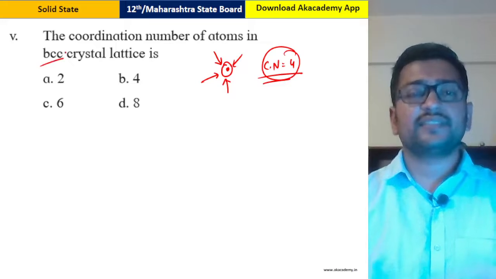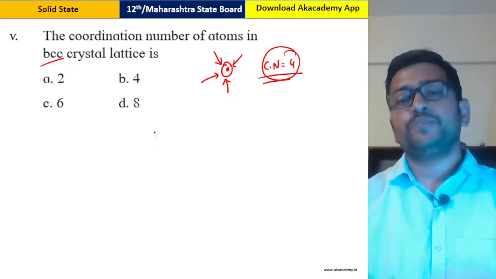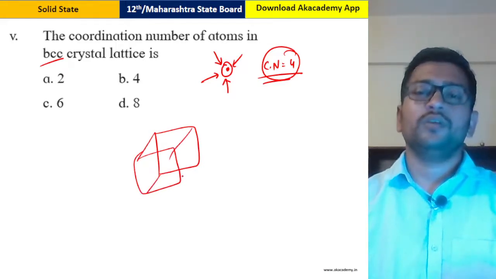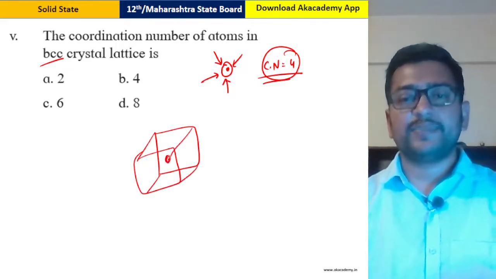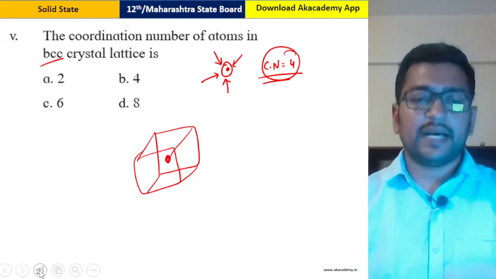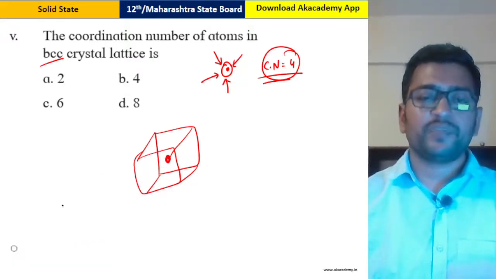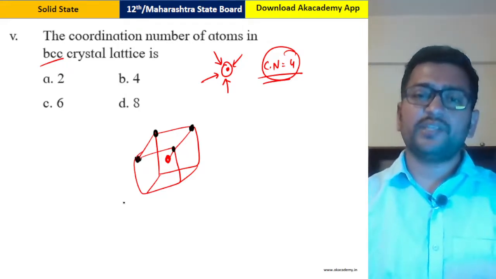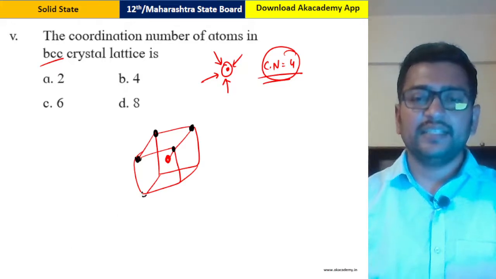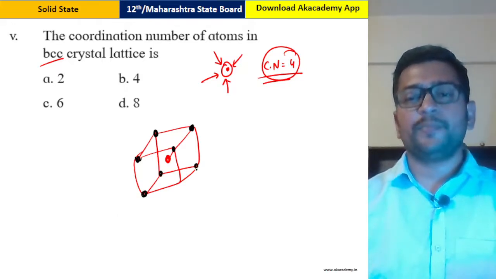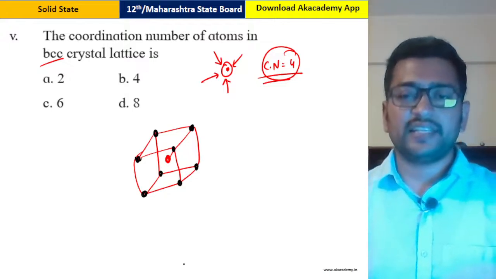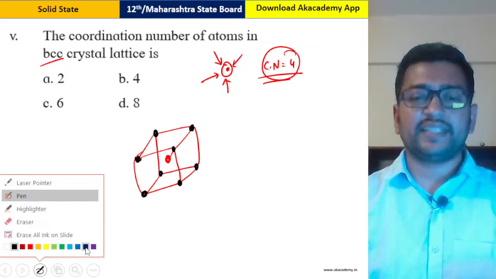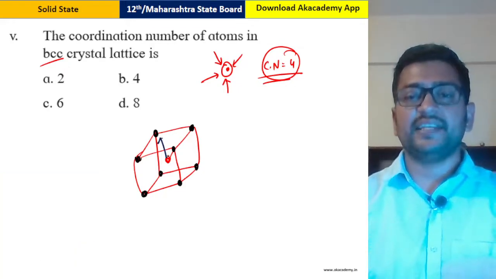Now let's discuss the crystal lattice of BCC. In case of BCC, it looks something like this. We all know that one atom is present at the center. Let's say I have painted it with red color. Now let's see the next part. In this case, you can see that four atoms are present at the top corners and four atoms are present at the bottom corners, and this red color atom is in contact with all these 8 atoms.